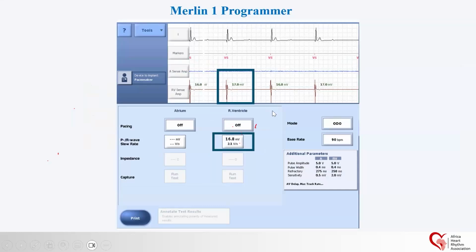But if we have a lot of signals, the lead is not in good contact with the myocardium. We need to see one signal and not a lot of oscillation of signals. If we have a lot of oscillations, that means the lead is not in good contact with the myocardium. It's the current of injury.